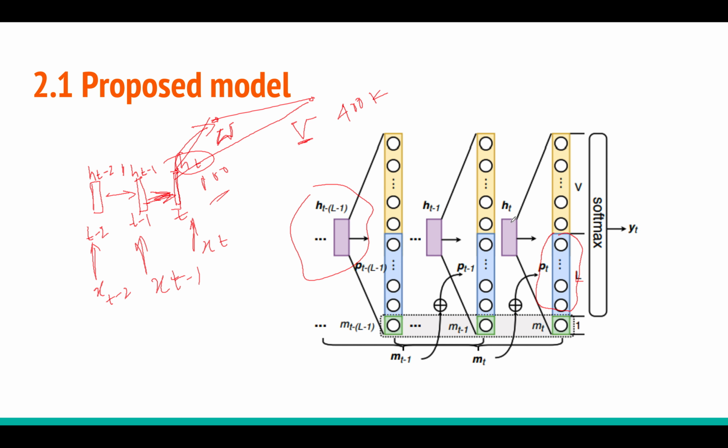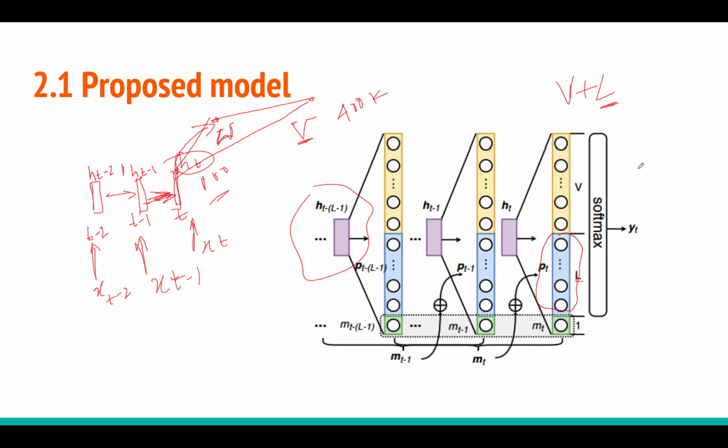So what I am trying to say is, when you project this HT, you not only project it to V dimension, but you project it to V plus L dimension. This L is the length of the context. L could be 100 or 200 if you are trying to focus on the previous 200 words.